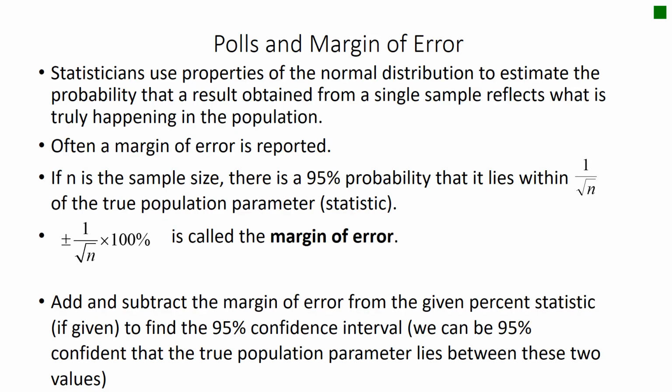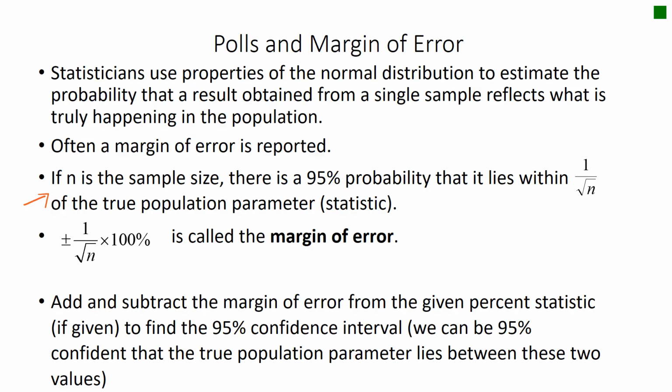We are only going to focus in this class on a 95% confidence interval, which has this specific formula. If n is the sample size, there is a 95% probability that the result will lie within 1 over square root of n of the true population parameter.